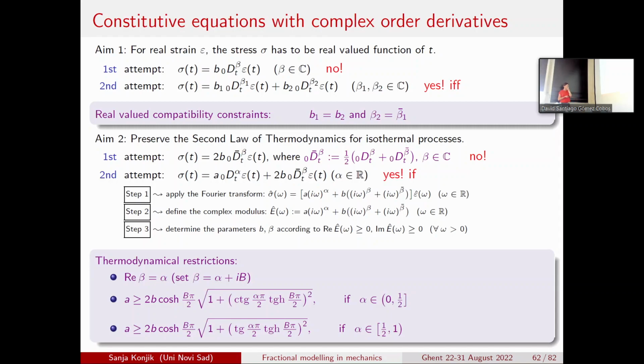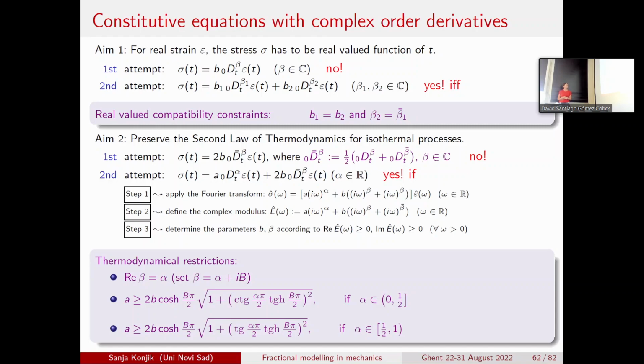When just looking at them, one would say that they are not very natural or easy to verify. But it turned out that every time we were solving any of those models, these thermodynamical restrictions, exactly in this form, appear in the calculation of the existence of the solution to our problem.